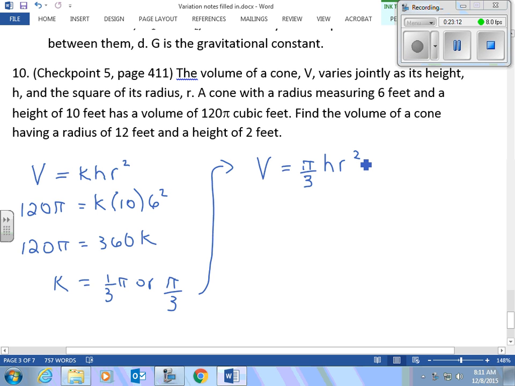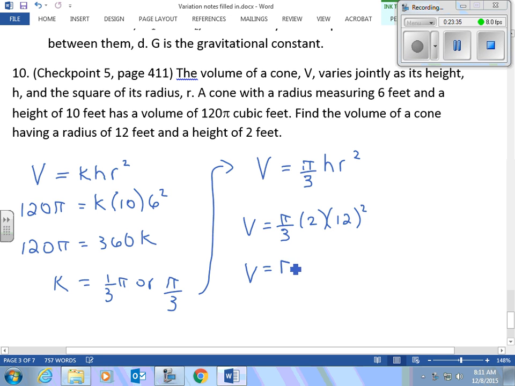So now we have a formula for volume of a cone. I keep wanting to say coin. So the volume will be pi over 3. For the question, we've got the volume of the cone having a radius of 12 feet and a height of 2 feet. So it'll be pi over 3 times the height of 2 times the radius squared.